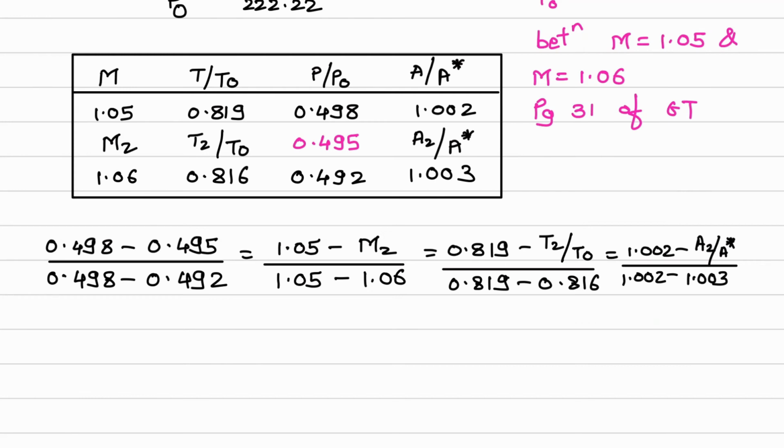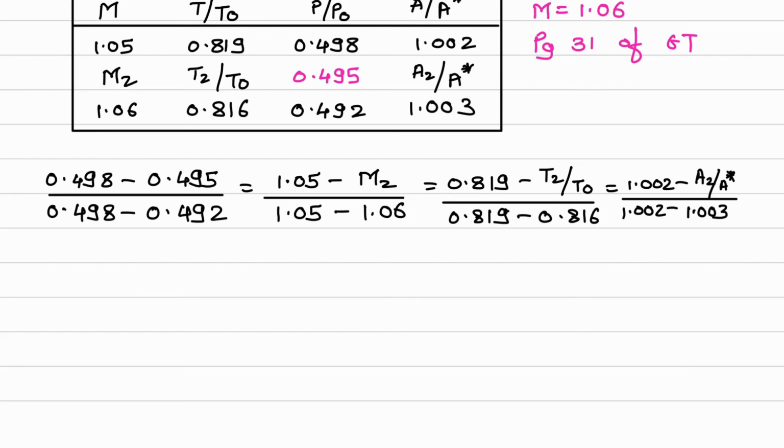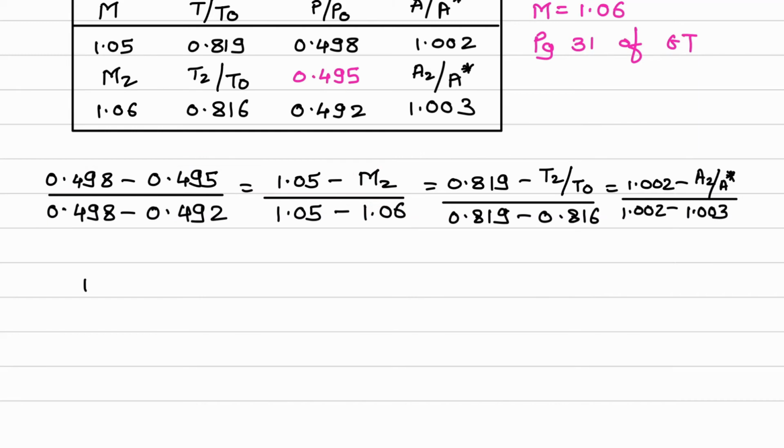So from here what I can do, I can get all these values. First, if I consider this part of the equation, I can find M2. So Mach number M2 comes out to be 1.005, meaning it is slightly supersonic.